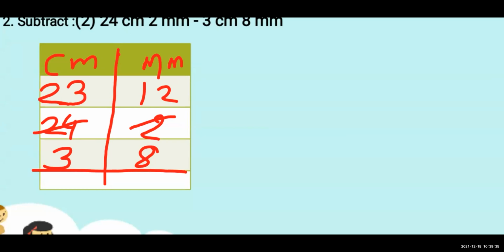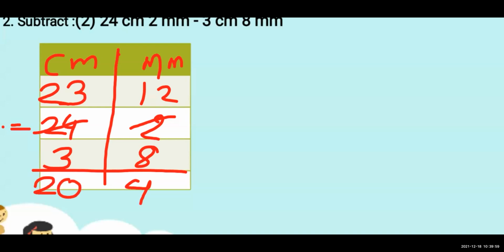Now 12 minus 8. 12 minus 8 is how much? Because we have to subtract, subtraction hai. So 12 minus 8 is 4 and 23 minus 3 is 20.